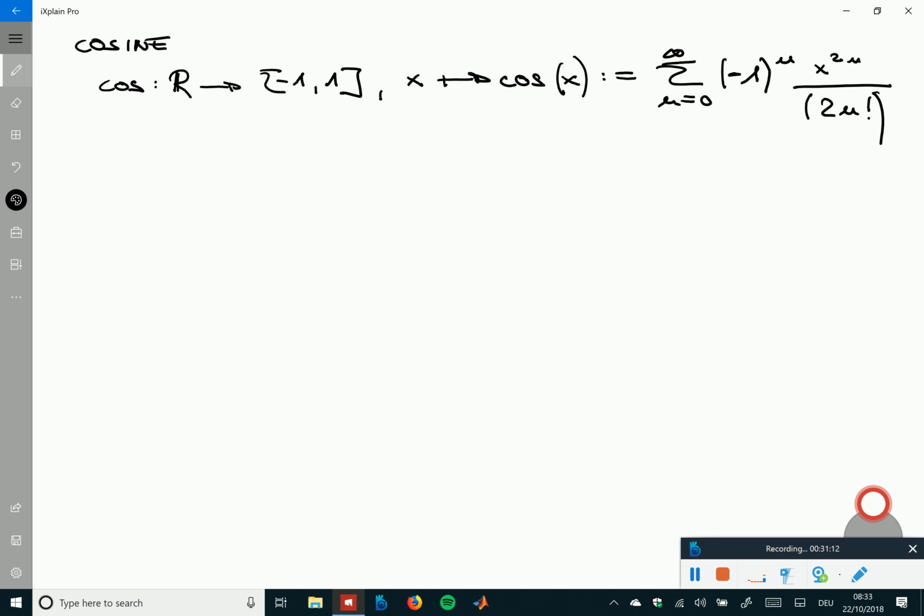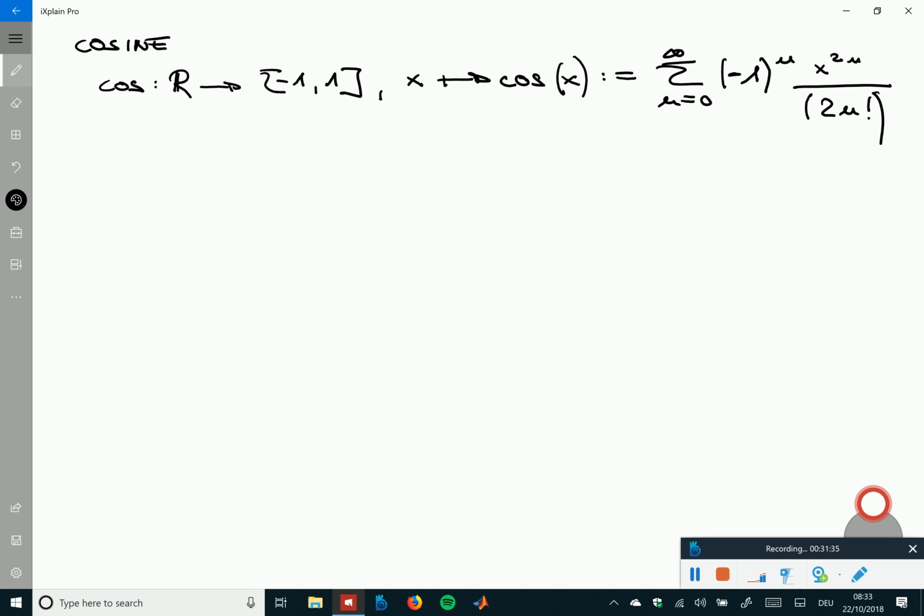Ankathete durch Hypotenuse. Yeah, one of them. Yeah, this is definitely not the geometric perspective on the cosine function. And we don't need this geometric perspective for the Fourier stuff.